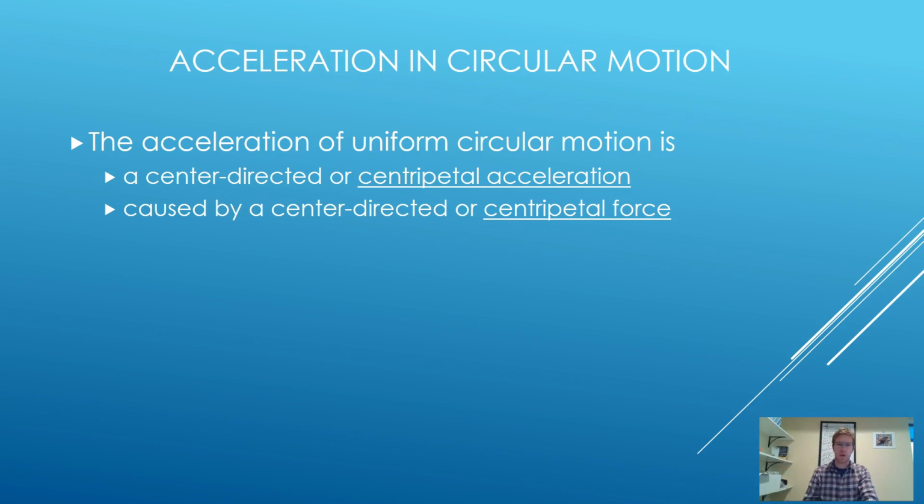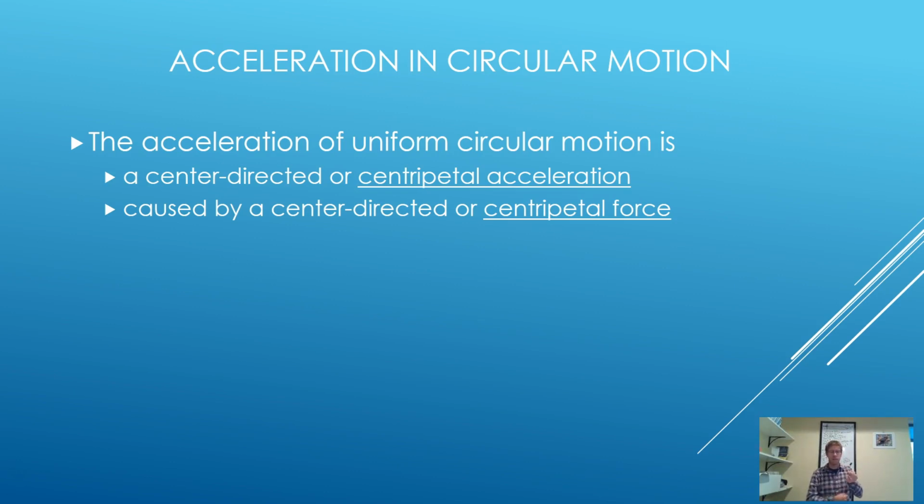And it's caused by some centripetal force that's also pointing inward. Now don't get confused. It's not some magical special force known as a centripetal force that comes from nowhere. No, all centripetal forces are always supplied by something. So again, back to my tennis ball on a string. As I'm swinging this thing around, what is supplying the centripetal force?